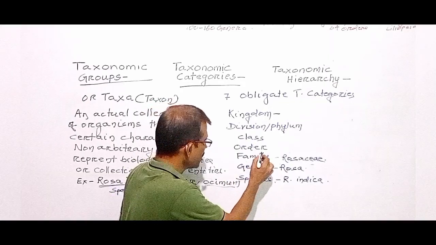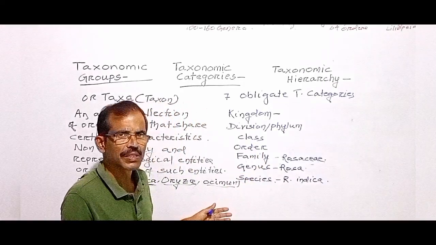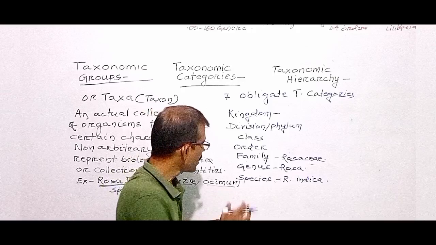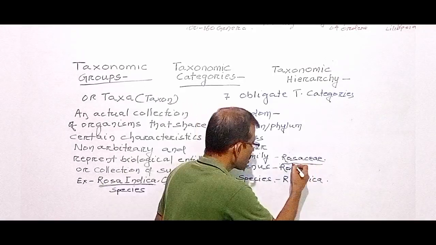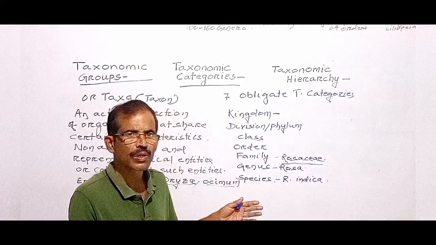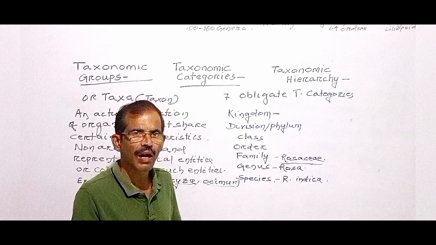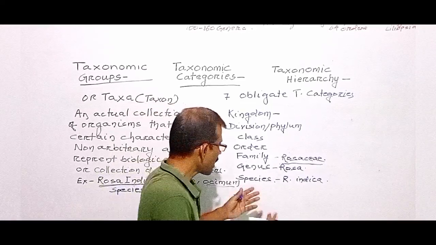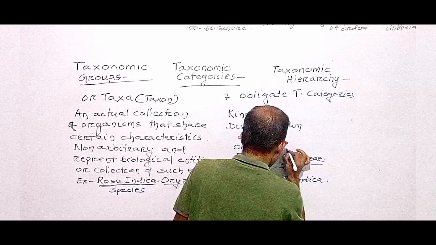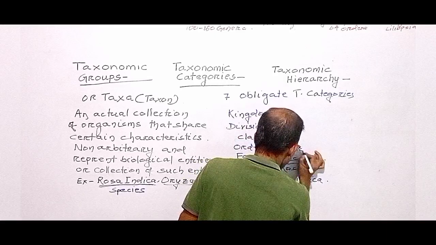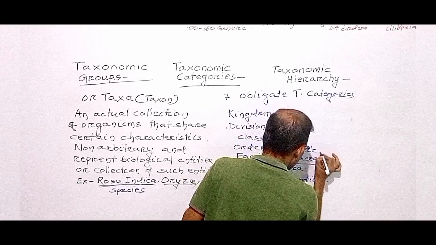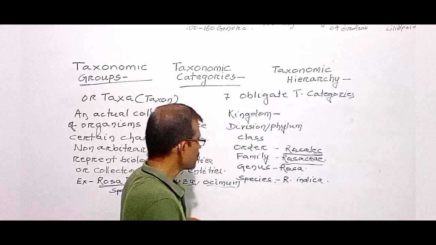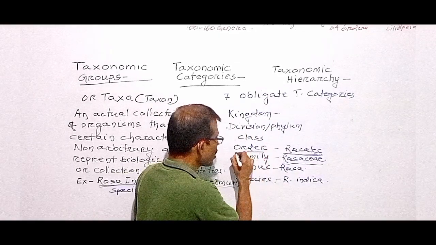Next category is order, which is highly inclusive than family. Rosaceae and other closely related 8 families are grouped together and are included in another taxonomy group, that is Rosales, which has been assigned to the category order.